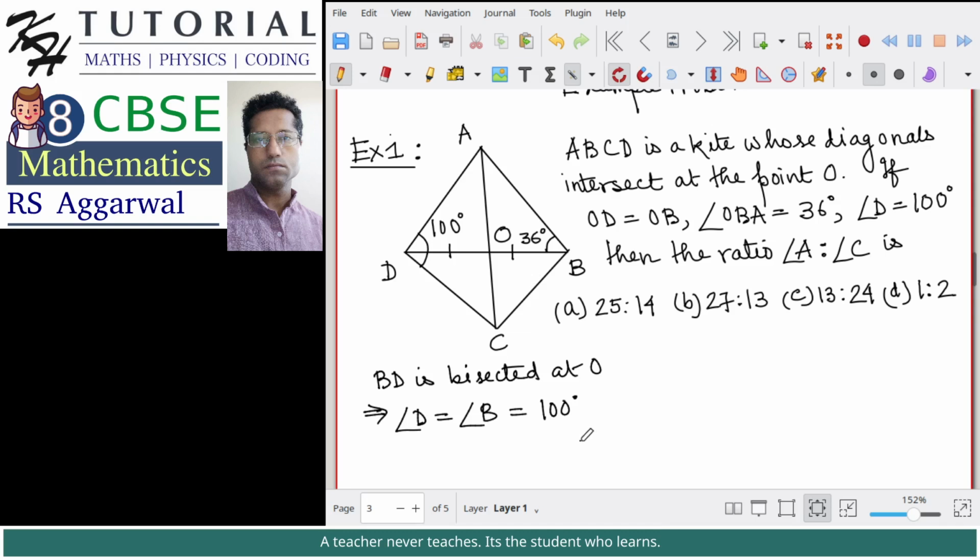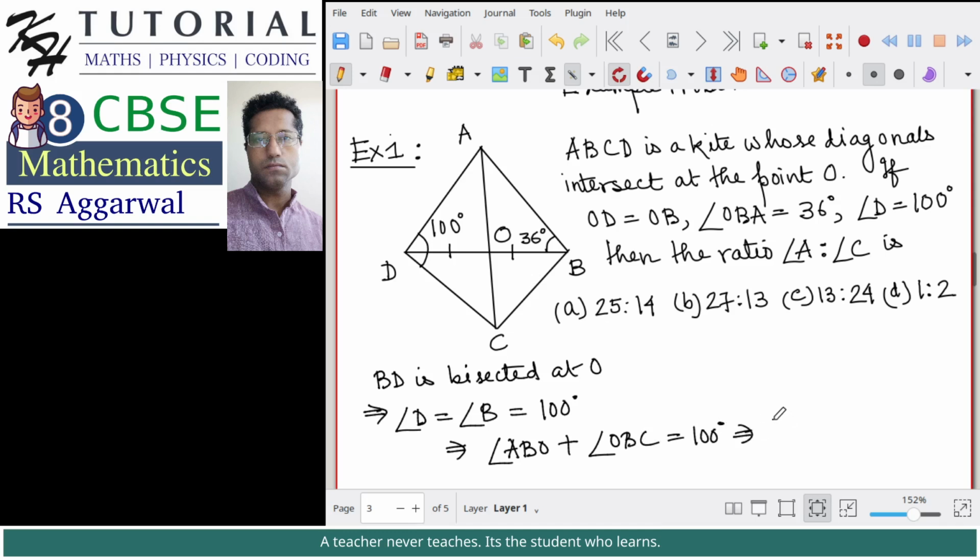We have to find the ratio of angle A and angle C. So we need to find angle A and angle C. Angle B is 100 degrees. Now, angle B is angle ABO plus angle OBC, and this must be equal to 100 degrees.